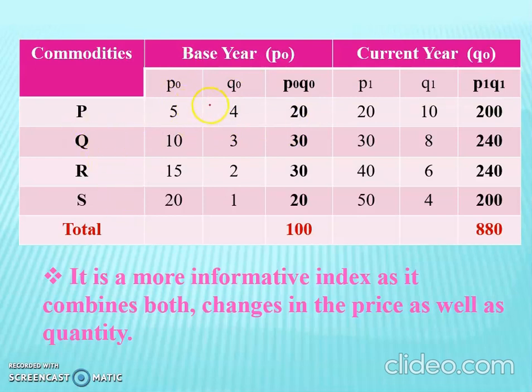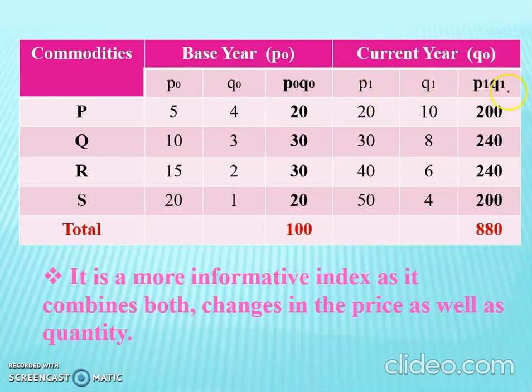So here we are considering PQ. P0 is obviously the price of a particular commodity in the base year, and Q0 means the quantity of that commodity in the base year. Same thing for the current year, that is P1 Q1. By mistake I had written Q0, so it becomes P1 Q1.